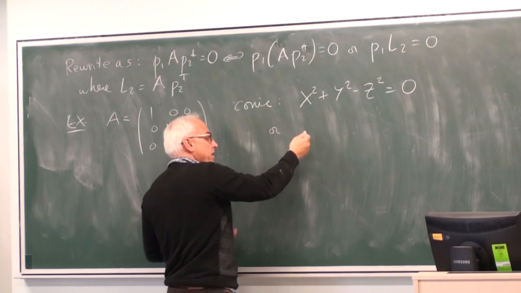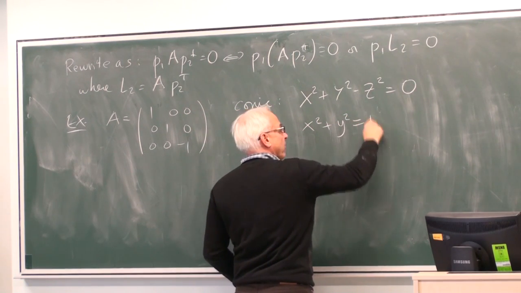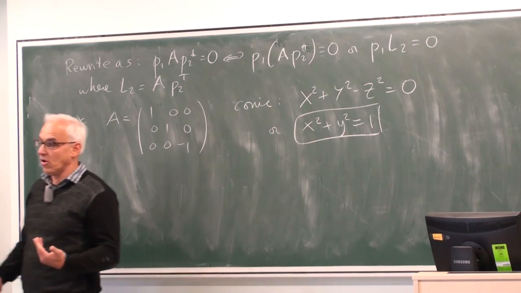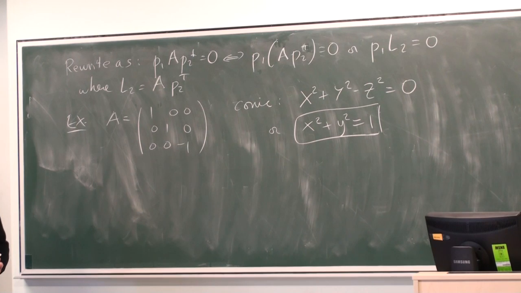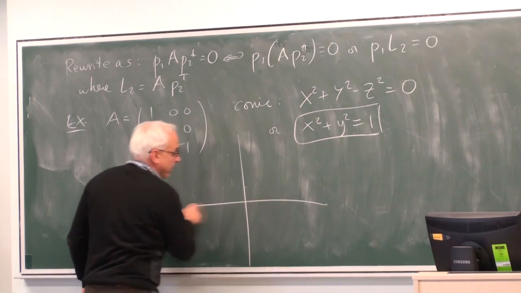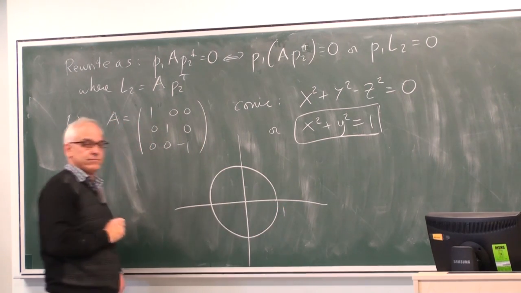Or in ordinary little x and little y coordinates, x squared plus y squared equals 1. It's just the unit circle in the plane. So there's the unit circle.